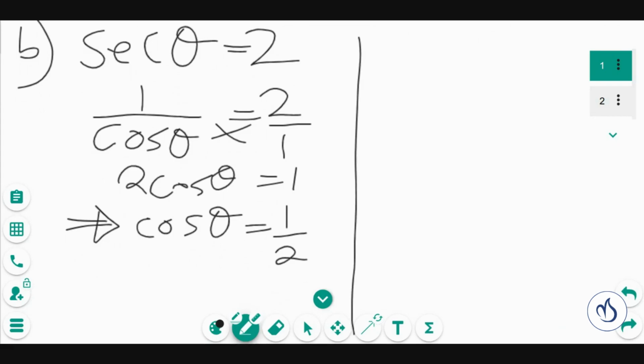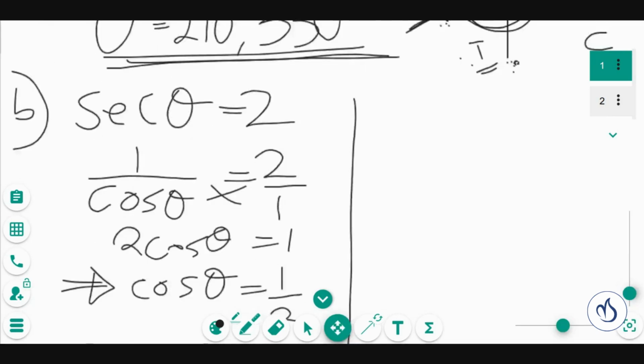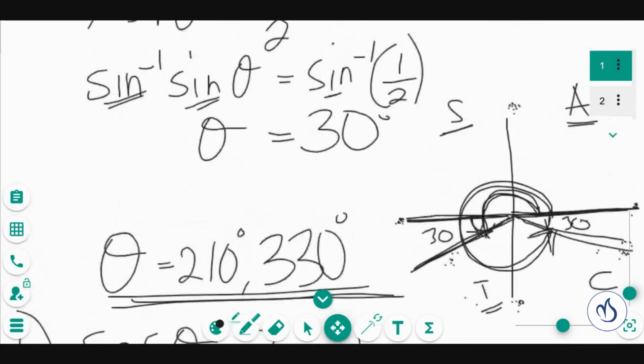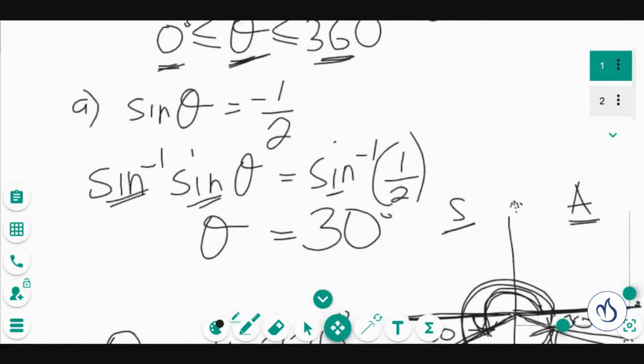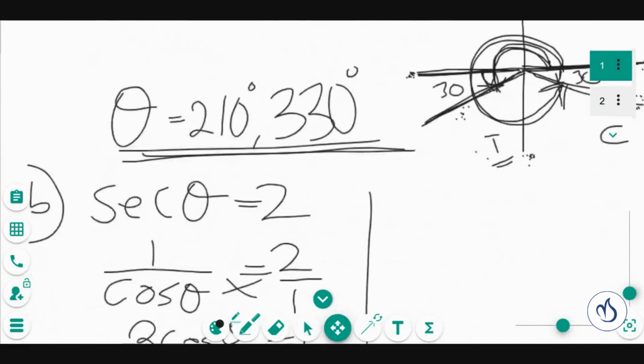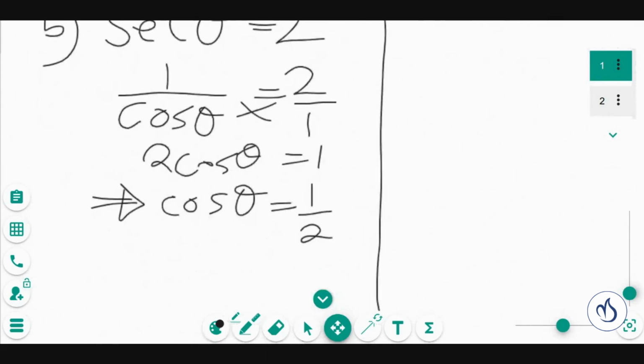At this point, we are going to introduce cos inverse on both sides. In the first example we introduced sine inverse. Why? Because we had sine theta is negative a half, and so we introduced sine inverse on both sides. Similarly here, since we have cos, to eliminate that cos, I'm going to introduce cos inverse on both sides.